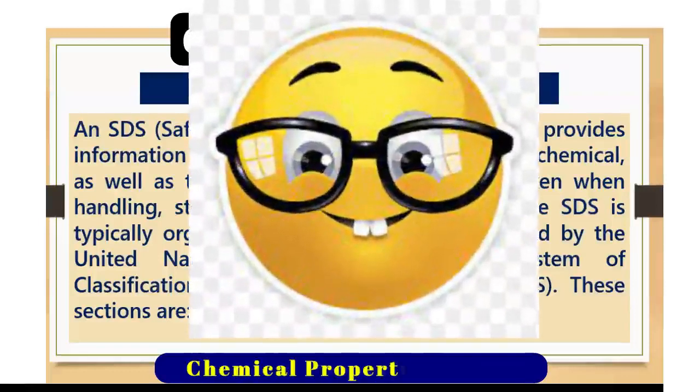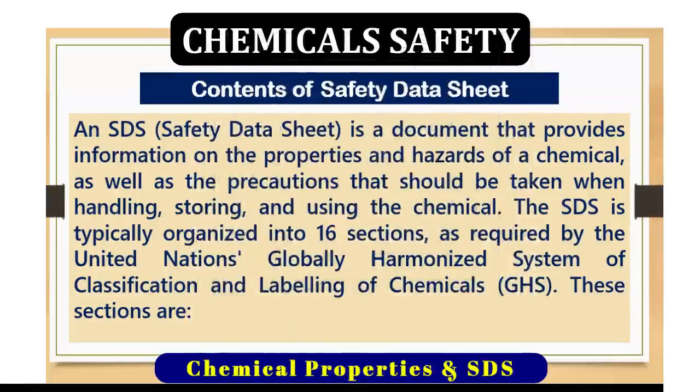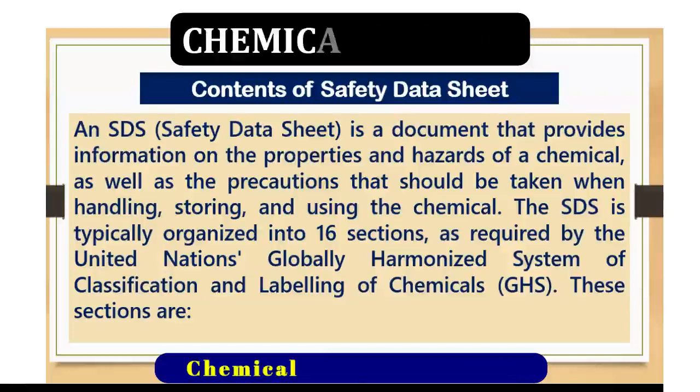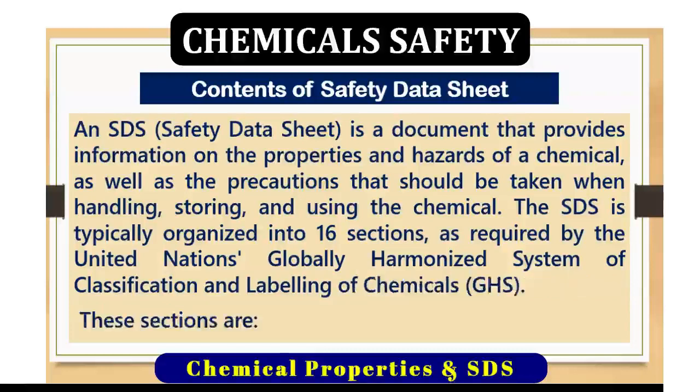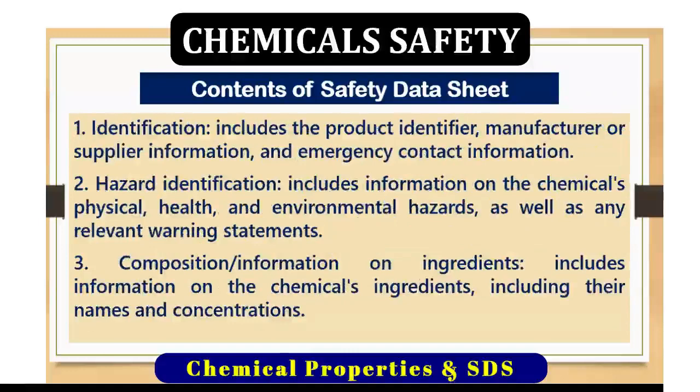The SDS is typically organized into 16 sections as required by the United Nations Globally Harmonized System of Classification and Labeling of Chemicals, GHS. These 16 sections are: number 1, identification.